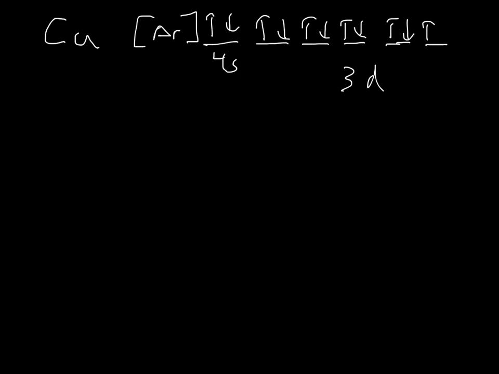Now, to obey the octet rule, all copper has to do is, like iron, get rid of those 4s electrons. And that may be what it decides to do.